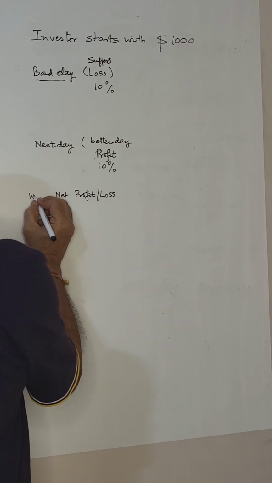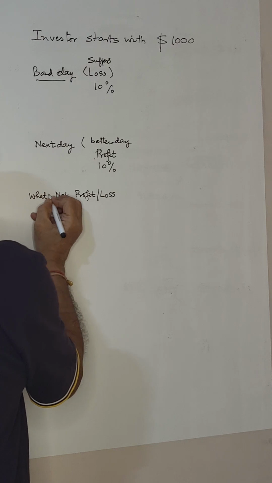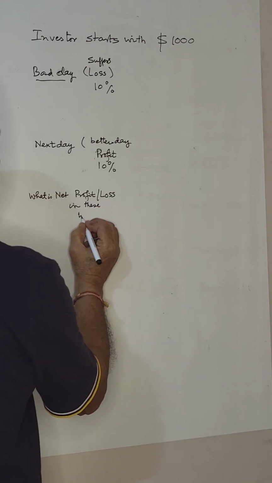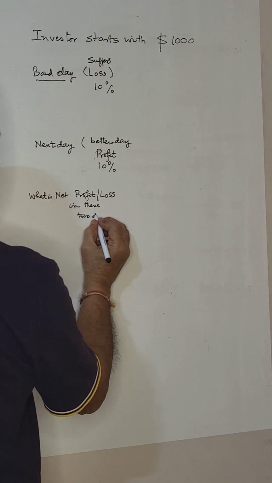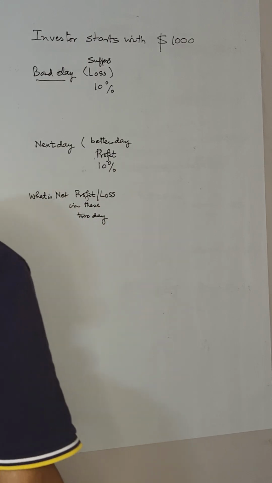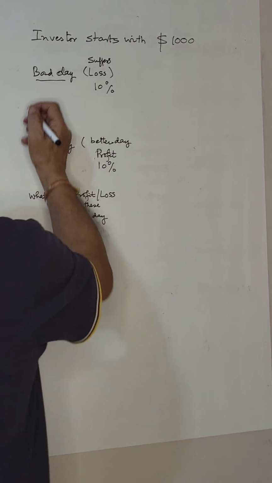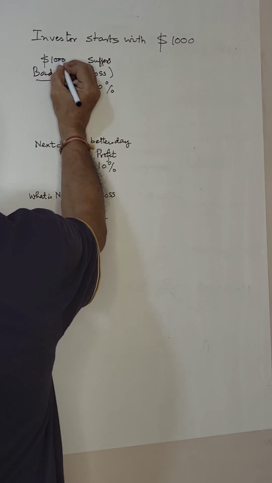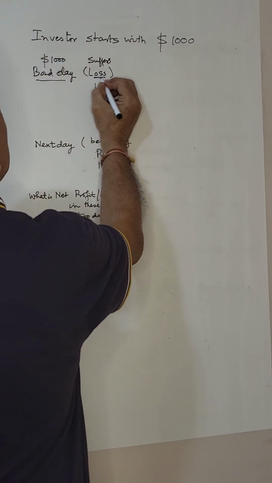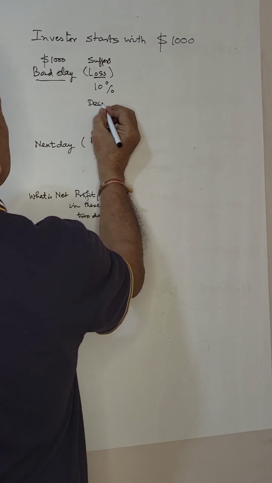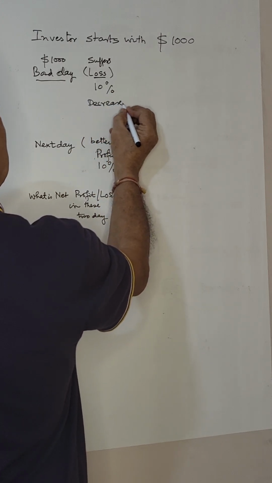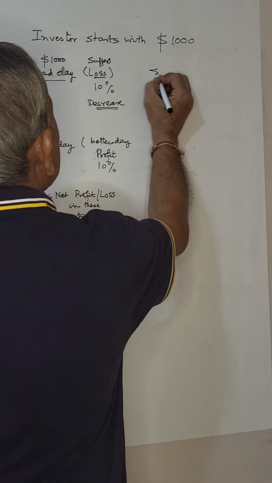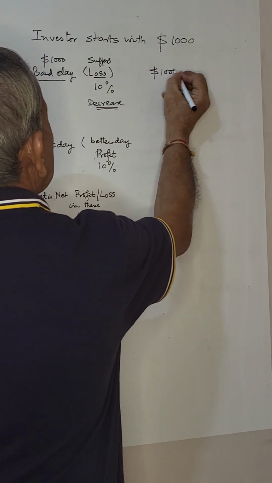What is the net in these 2 days? Okay, we will calculate it. He invests this, and there is a loss, so there is a decrease by 10%. So you have to multiply this $1,000 by what?